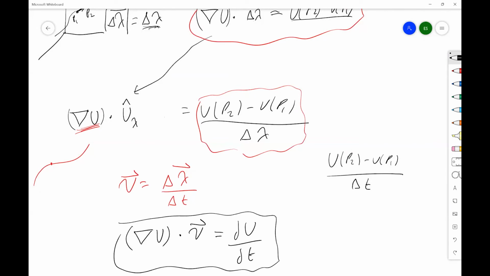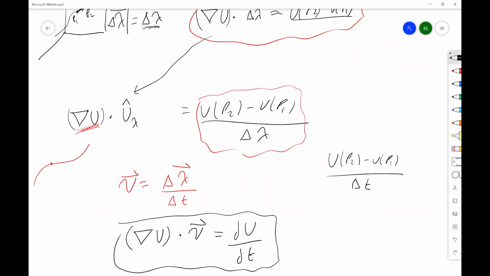The dot product of a scalar field is, hey, the scalar field, what happens if I traverse in space on a path at a certain velocity? At every point I'm traversing at a certain velocity, I sense a certain rate of change of the scalar field. Right? And that rate of change in the scalar field is the nabla u dot that velocity.